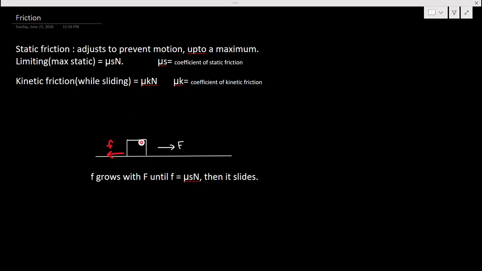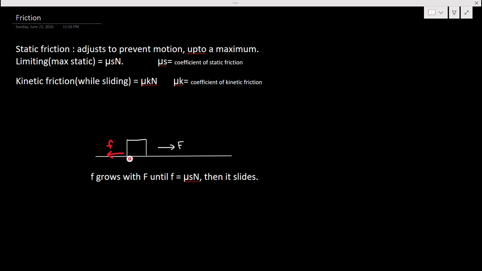Mu s is the coefficient of static friction, and n is the normal, which is the weight of the object in this case. So if the force reaches mu s n, this block will start moving, because the friction cannot go beyond that and the force is beyond that. According to the second law of motion, the forces become unbalanced and there will be acceleration on the object.